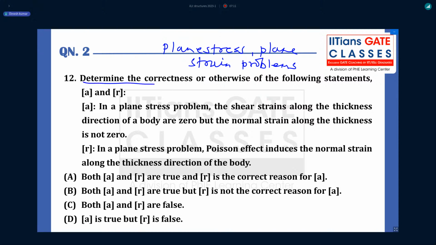Determine the correctness or otherwise of the following statements A and R. What does statement A say?